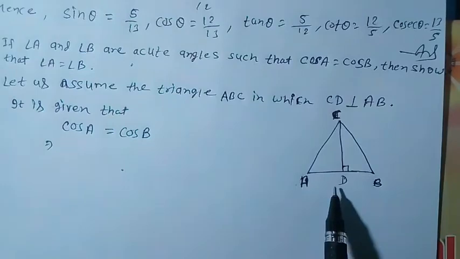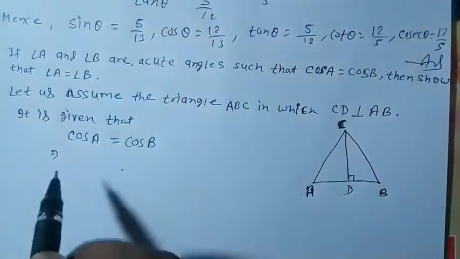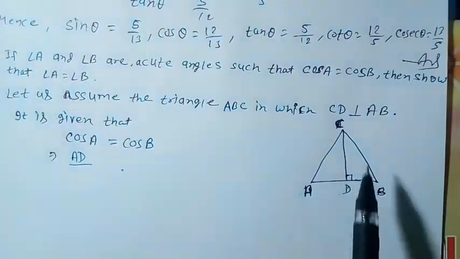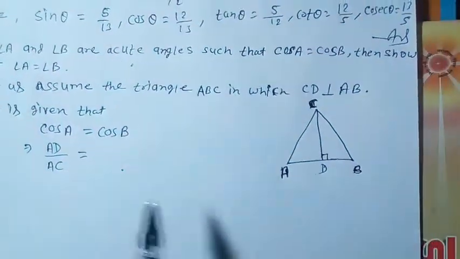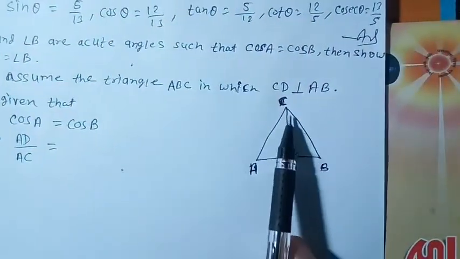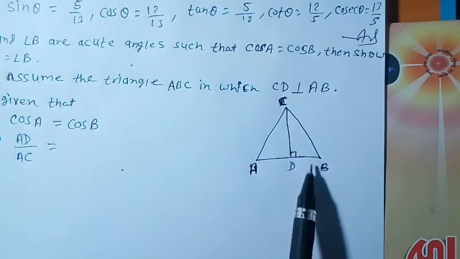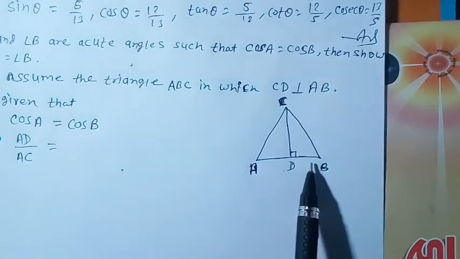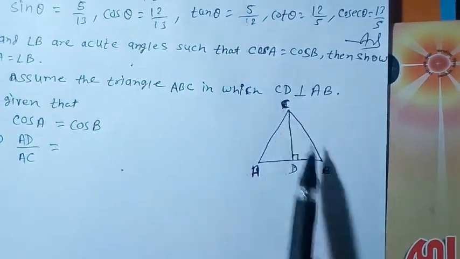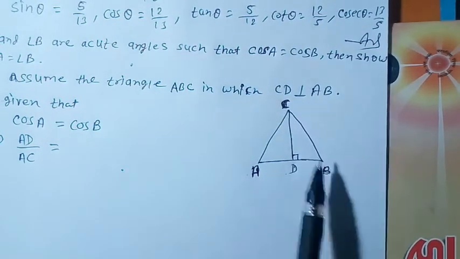For angle A, the base is AD and the hypotenuse is AC. For the right triangle CDB, cos B is base BD by hypotenuse BC.